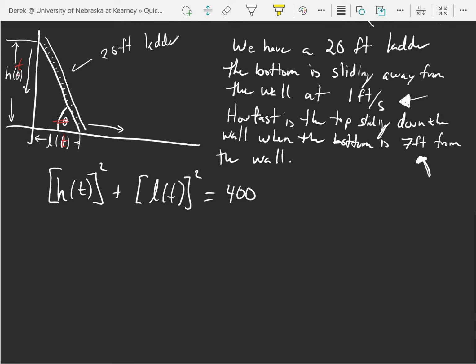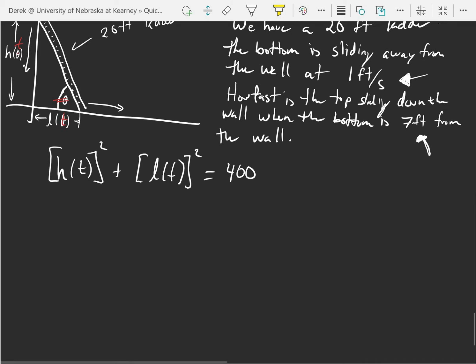It's with respect to time already, so I can differentiate with respect to time and get my feet per second if I'd like to. So let's do that. Let's differentiate both sides of this with respect to time. It's kind of an implicit differentiation thing. I'm going to use the chain rule.